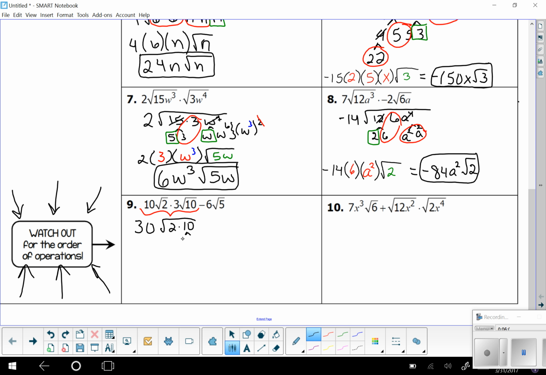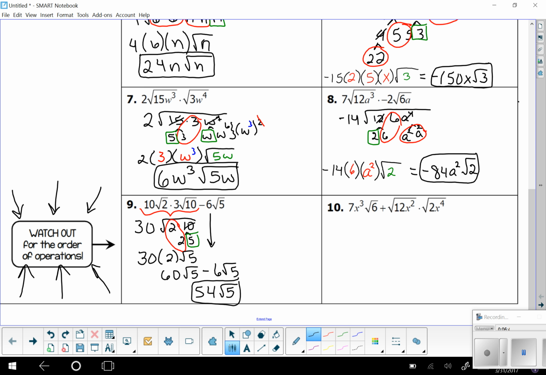So break that down. So we get 30 times the 2 square root 5. So we get 60 square root 5. Bring this guy down. Minus 6 square root 5, which is 54 square root 5.